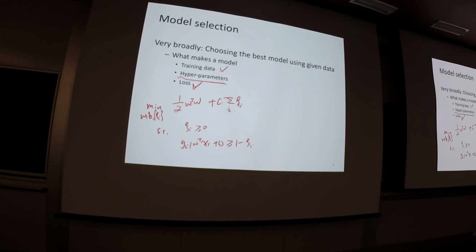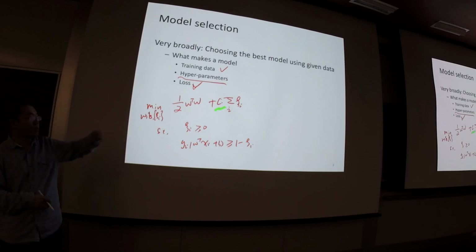So now the question is, what is the hyperparameter? I heard it, right? Here is the hyperparameter, C. The problem is, how can we identify the best hyperparameter?